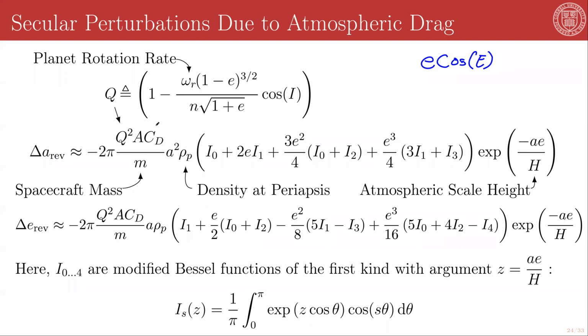So you might notice the reciprocal of the ballistic coefficient in here, times the semi-major axis squared times the density at periapsis, and then times this series term in these modified Bessel functions of the first kind.